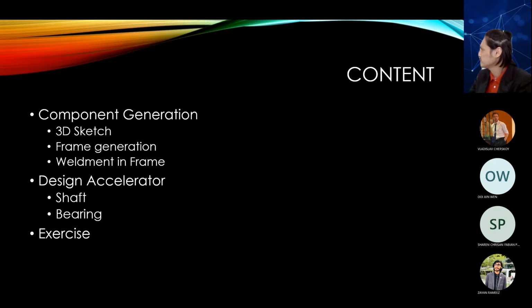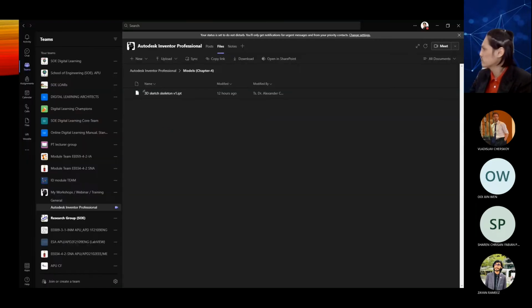Just give me one moment. Okay, so I will upload one more part. So we have two parts over here. Download it. Then later we are going to use this to perform the agenda today.